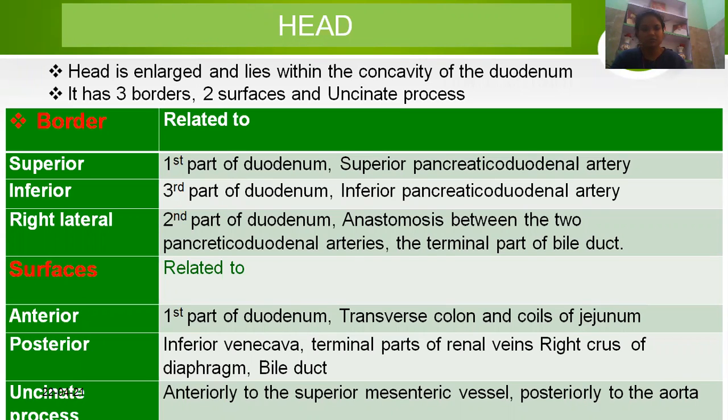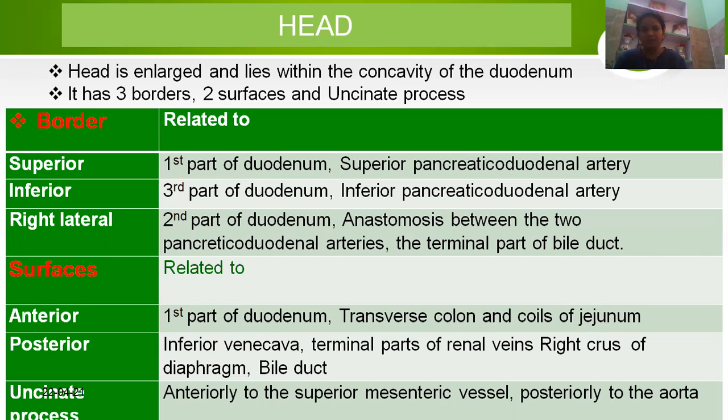The superior border is related to the first part of the duodenum and the superior pancreatico-duodenal artery. The inferior border is related to the third part of the duodenum and the inferior pancreatico-duodenal artery. The right lateral border is related to the second part of the duodenum, the anastomosis between the two pancreatico-duodenal arteries, and the terminal part of the bile duct.